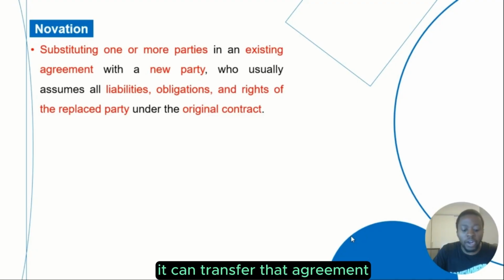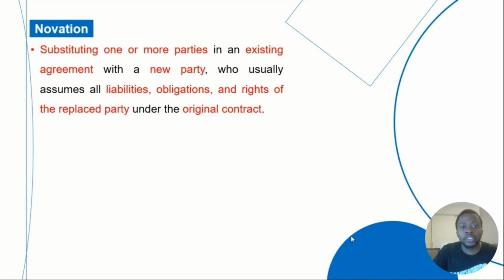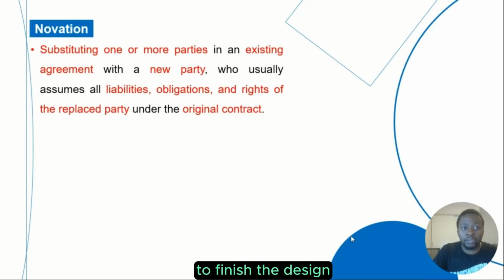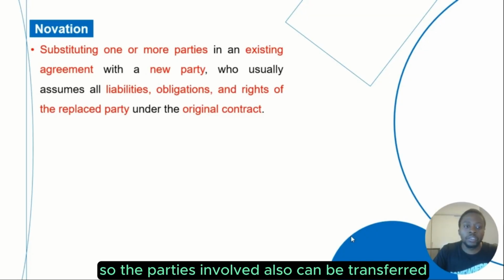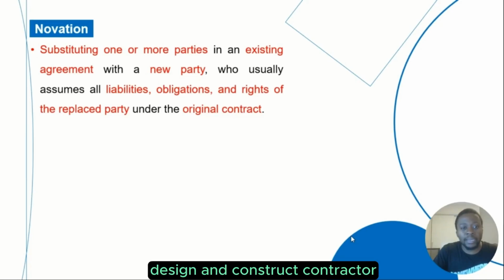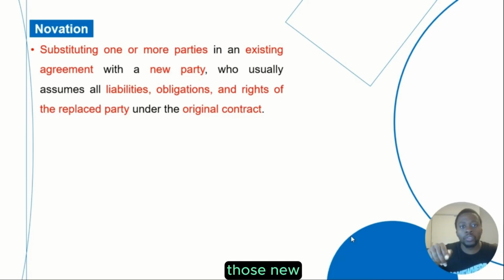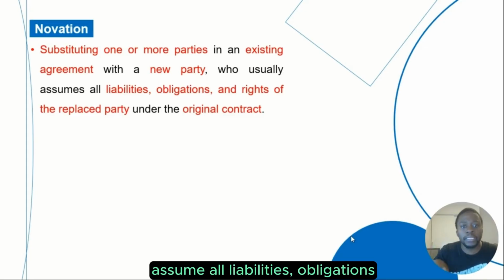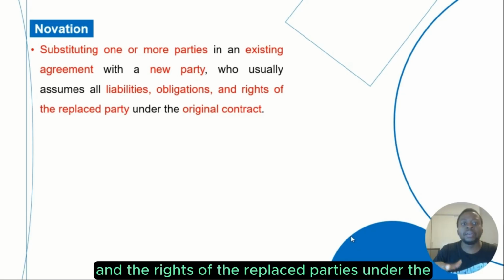He can transfer that agreement to the design and construct contractor to finish the design. So the parties involved, which are the consultants, can be transferred to the design and construct contractor.